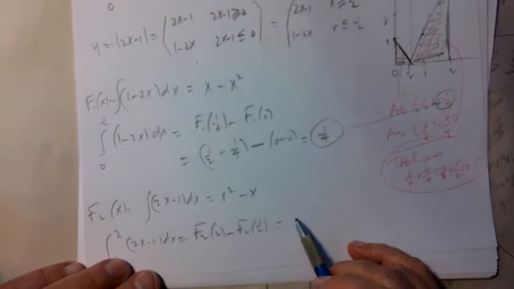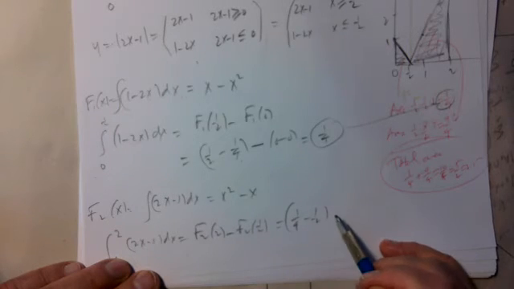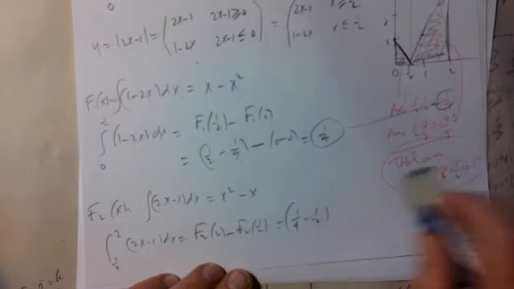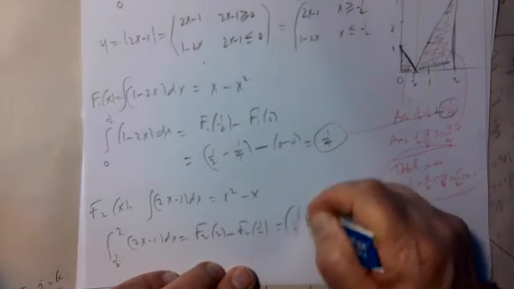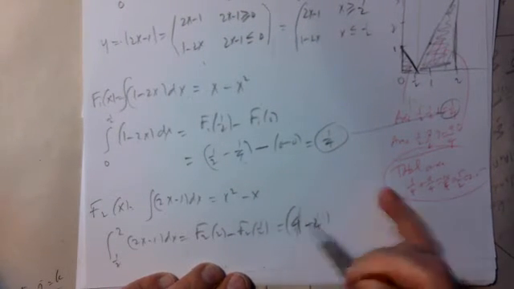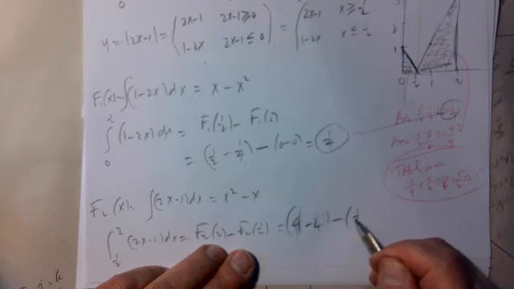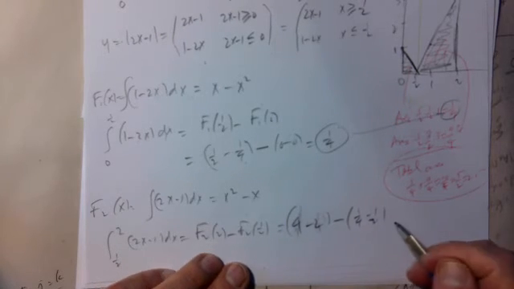Sorry, f2 of 2 is 2 squared minus 2, 4 minus 2, minus 1/2 squared minus 1/2.